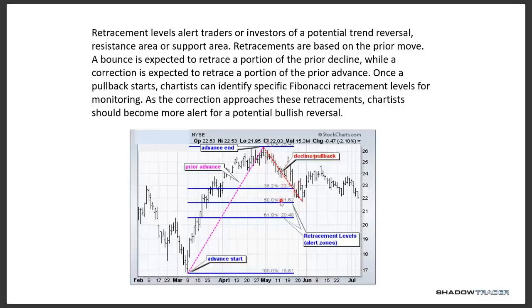Here's a 38.2. Here's a 50%, not a Fibonacci, but half back. And here's 61.8. By the way, the 61.8 is called the golden ratio. 2/3 to 1/3.